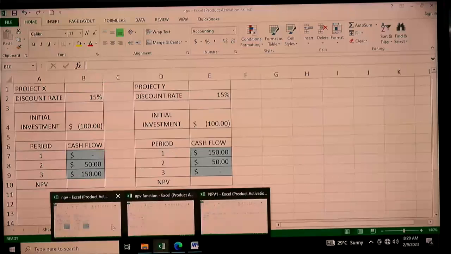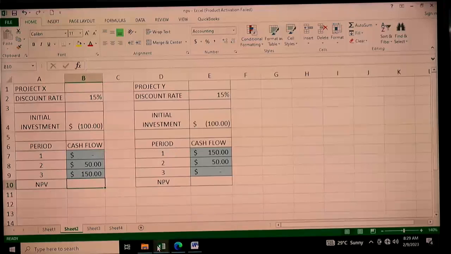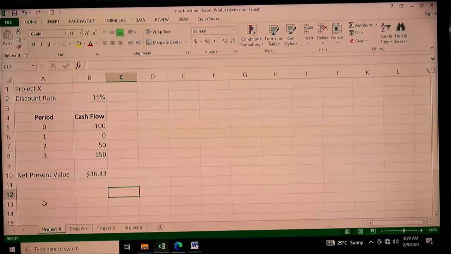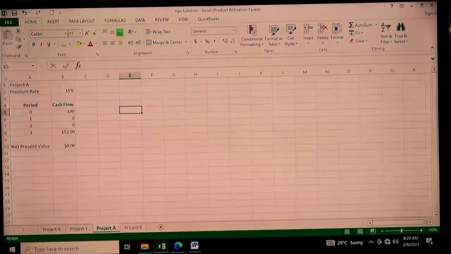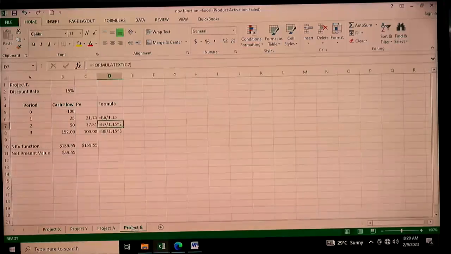And in that worksheet, I have it in sheet 1. You're supposed to compute the net present value. So you don't have to send it again, you just use the first function there.